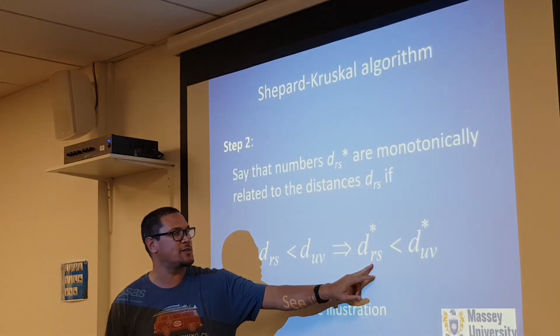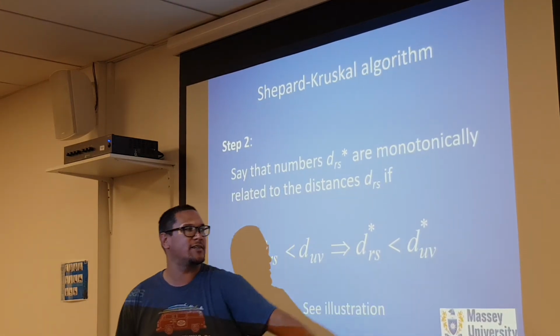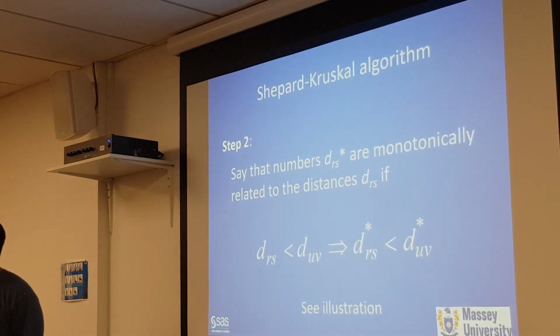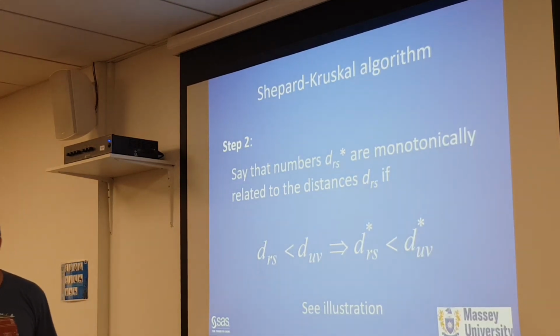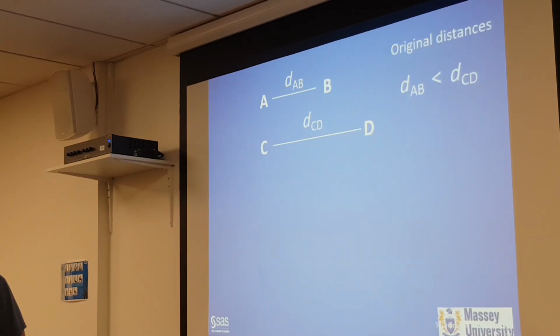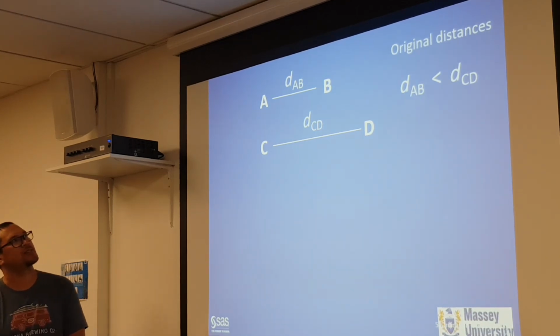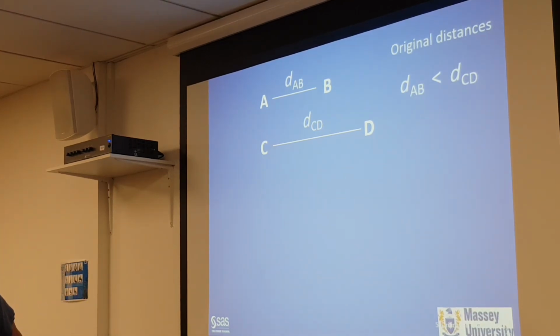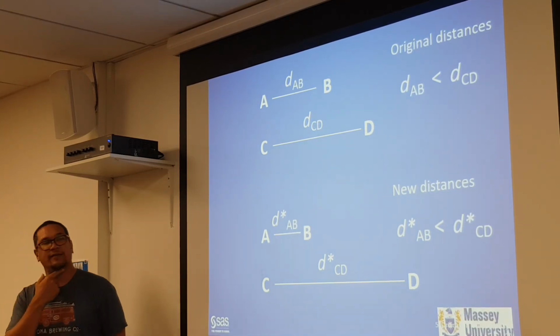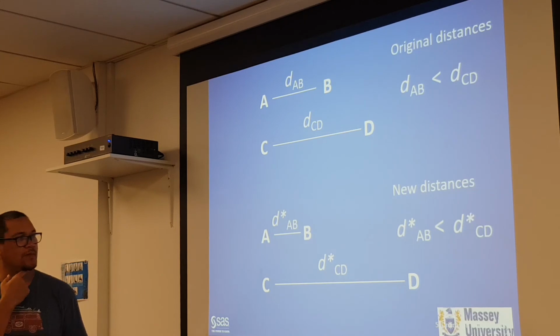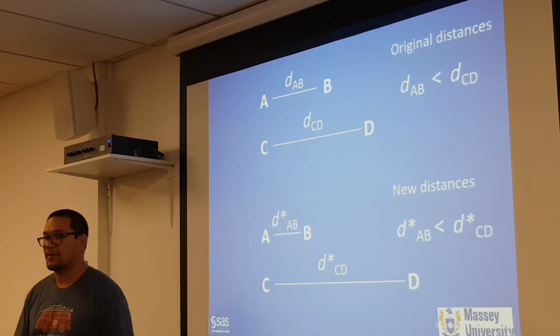The ranked distance between R and S is going to be less than the ranked distance between U and V as well. Right? Hopefully we're going to be able to do this. Right? So in the original distance, here we've got the distance between A and B is less than the distance between C and D. Hopefully that will be reflected in our ranked distances as well, or in the distance that we get on the map, basically.